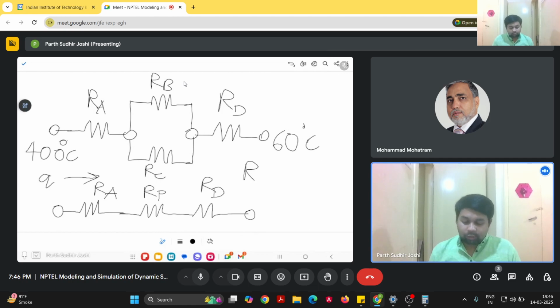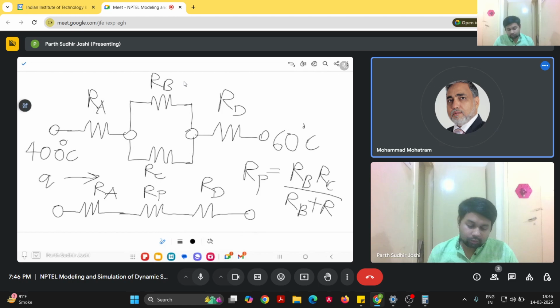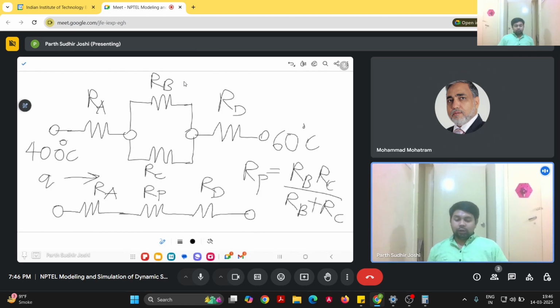So RP will be the equivalent resistance in parallel, and we can use this formula for calculating it. And since these resistances are in series, it will be basically RA plus RP plus RD. That will be the total thermal resistance.